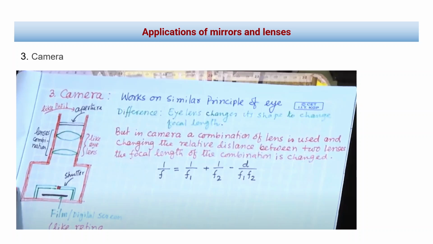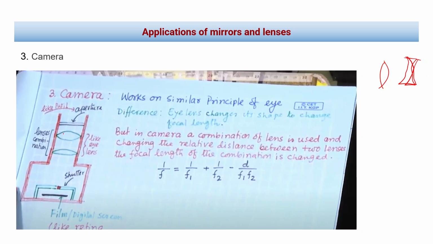The third use is in a camera, where this is the schematic of a very simple camera. Here, because our object distance could be different, accordingly we want to use a lens of different focal length. If we have a particular lens, be it convex or concave, then its focal length is fixed, we cannot change it.